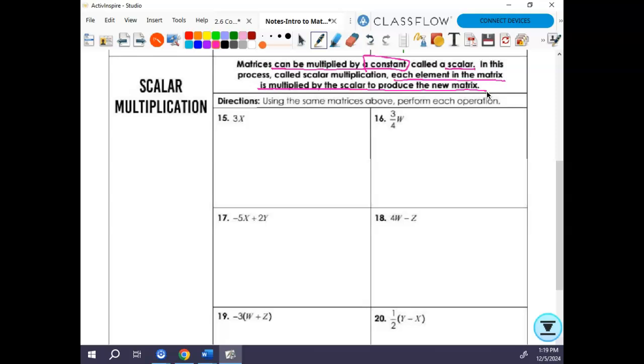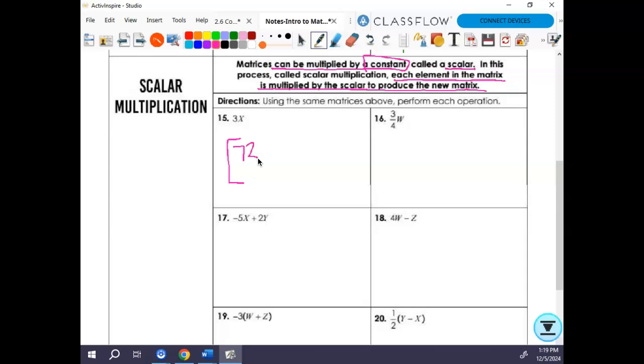So if I'm going to do 3 times x, and the matrix is x, 3 times 24, can anybody tell me what that is? 72, very good. And then what do y'all want to do? Y'all want to go in columns or rows? What makes more sense to you? Rows? Okay.